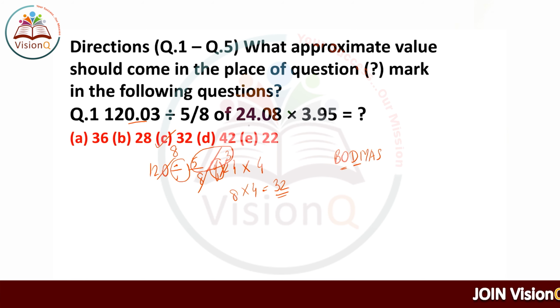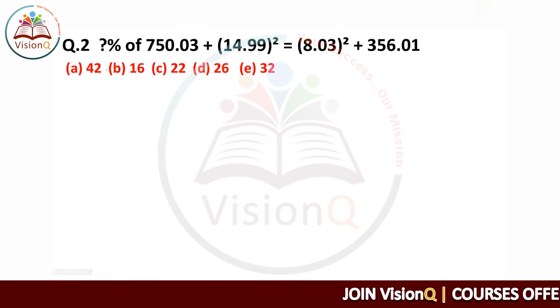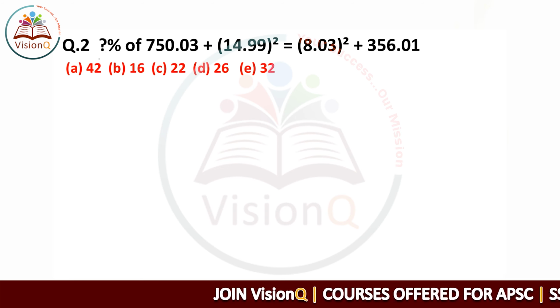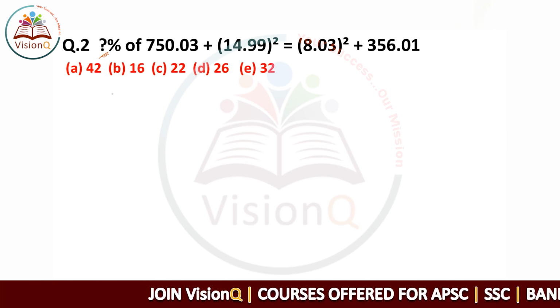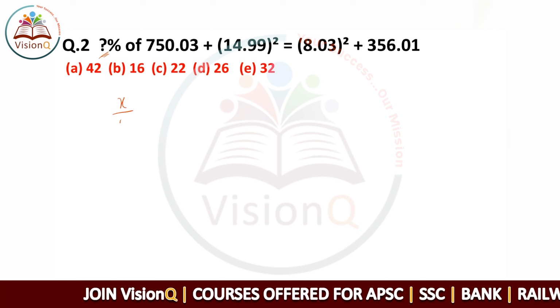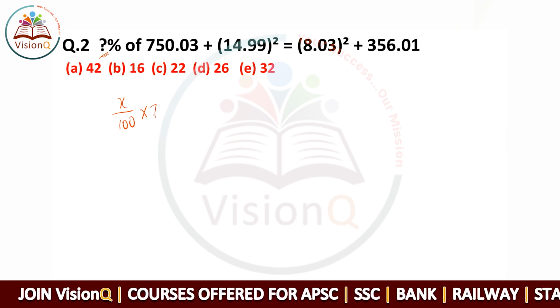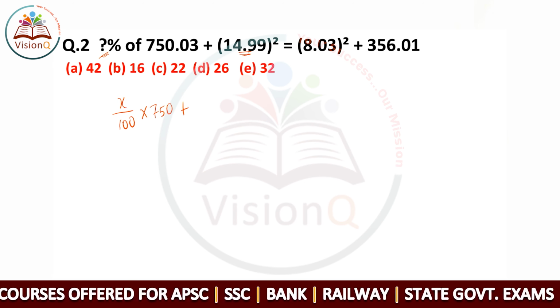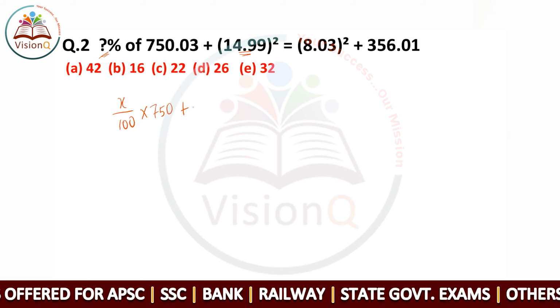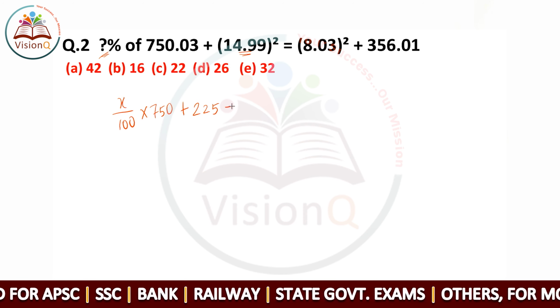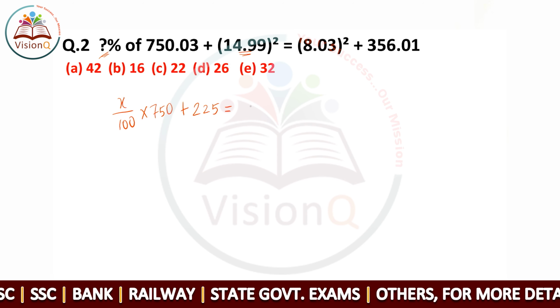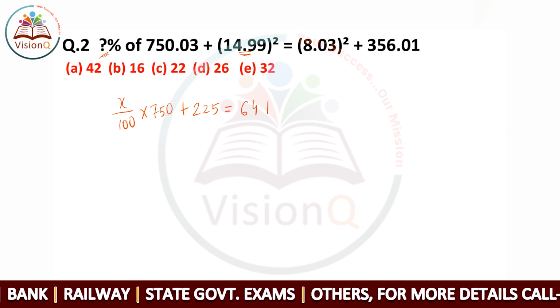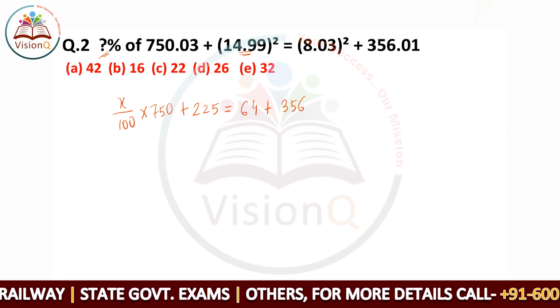So let us see the next question of approximation, question number 2. Question mark percent of 750. In this question, I have to take this question mark as x. So x percentage is nothing but x by 100 into 750, plus 14.99 can be taken as 15. 15 square is 225, is equal to 8 square, 8 square is 64, plus 356.